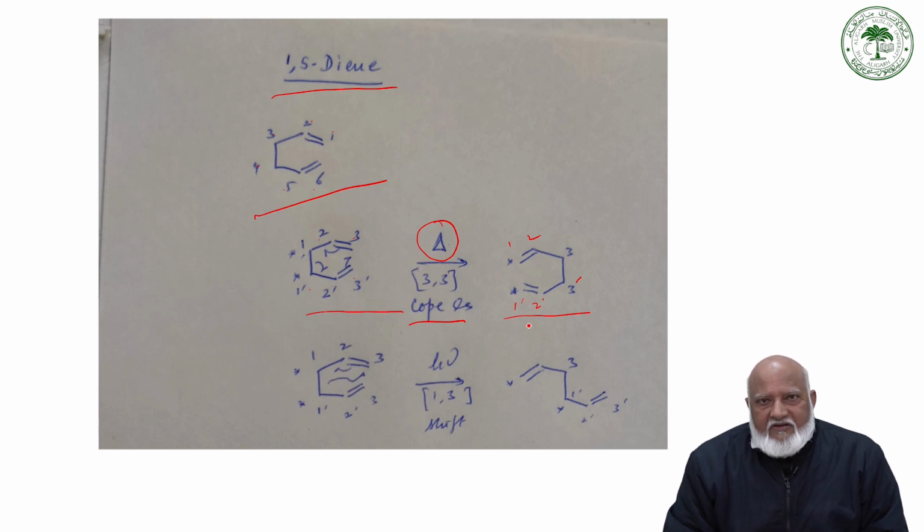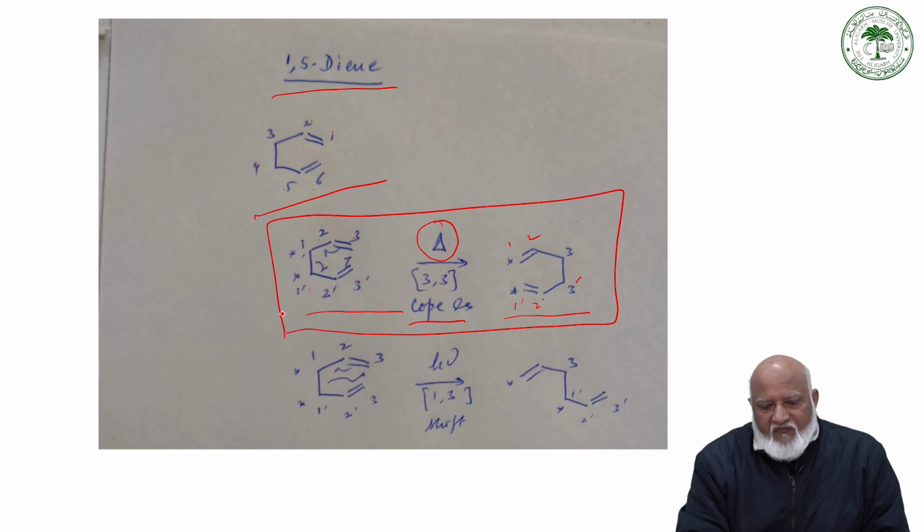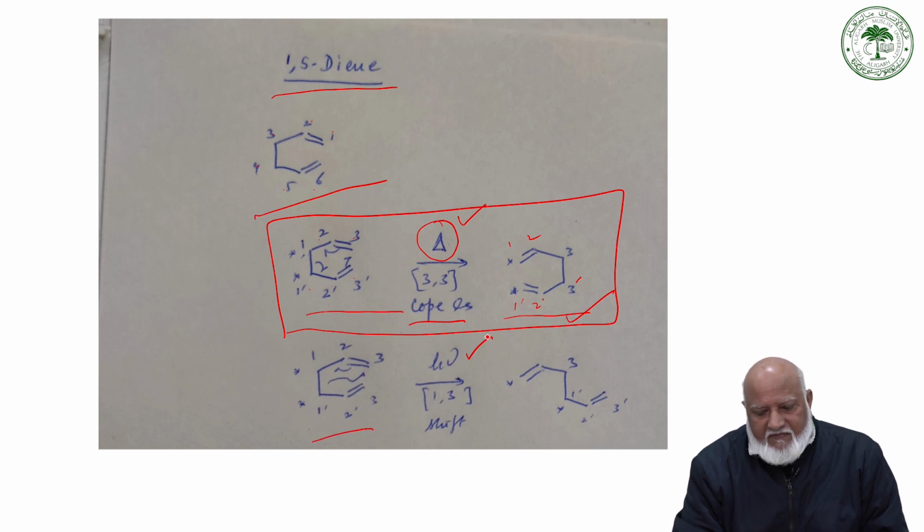But we will see some examples with substituents on this particular diene. So this is the well-known reaction: 1,5-diene under thermal condition undergoes 3,3 sigmatropic shift, also known as Cope rearrangement, to give this product. On the other hand, this 1,5-diene under photolytic condition undergoes a 1,3 sigmatropic shift.